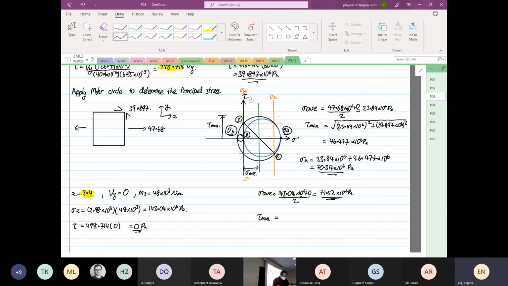Oh, I'm being silly. So the tau max is also equal to, wait, it's not, is it equal to, because we have zero shear stress, right? So zero shear stress is a stress average square. It's also the same.